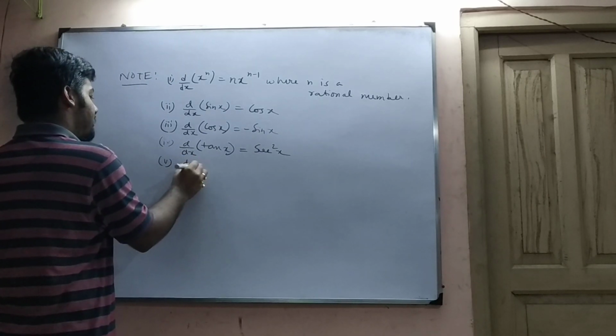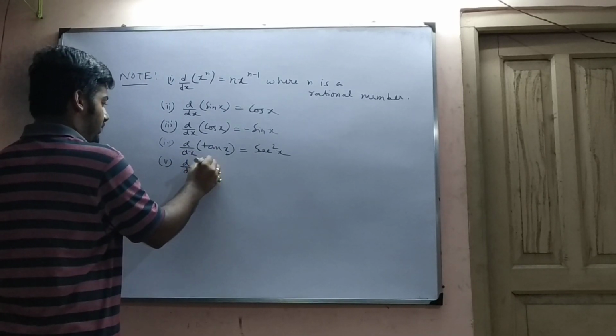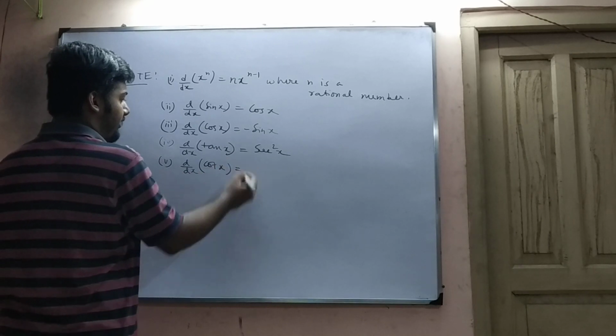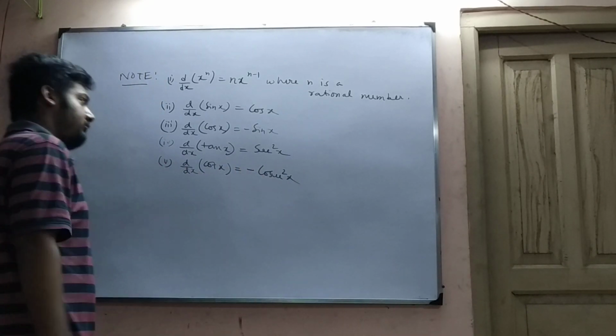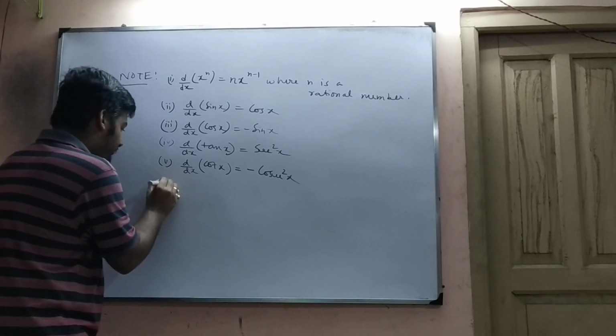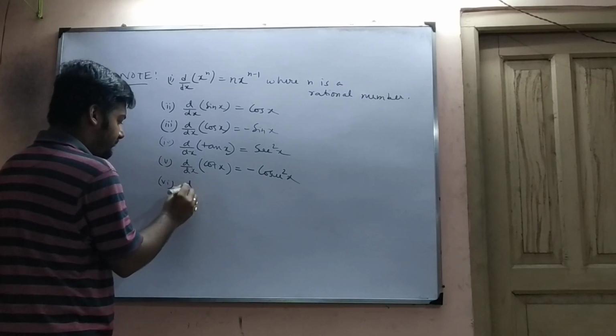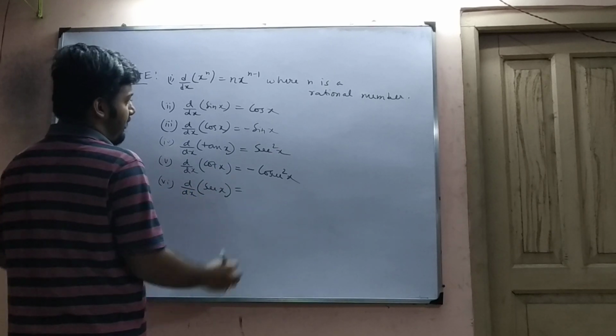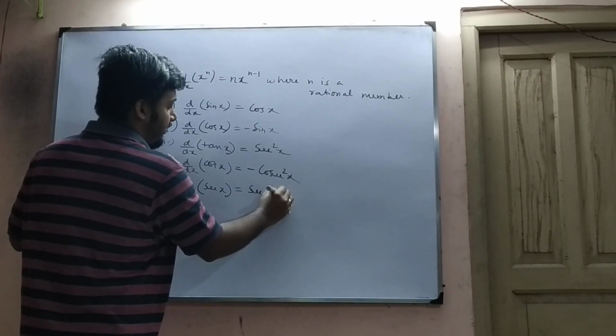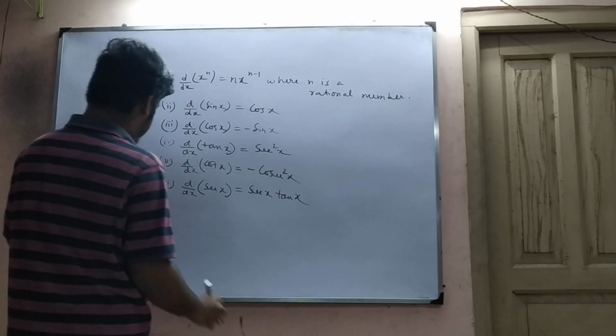Number 5, d/dx of cot x, that is minus cosec square x. And number 6, d/dx of sec x, that is sec x tan x.